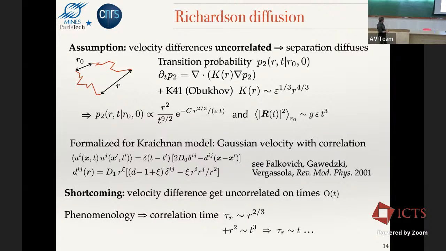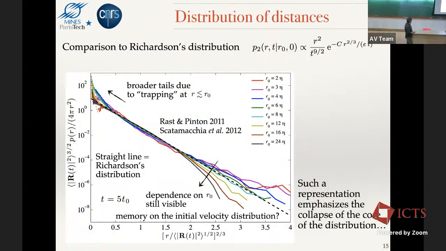And the only way one can really formalize this thing is by assuming delta correlation in time, as in the Kraichnan model. If you are delta-correlated in time, of course you don't have this problem. Okay, so just to finish, now if you compare actual data to the Richardson distribution, which, remember, is this scaling form, you do some massage.